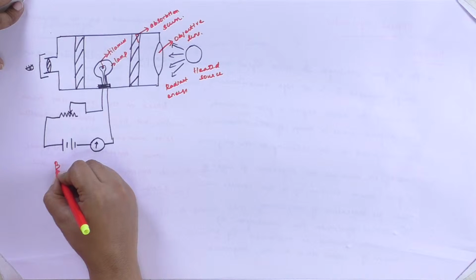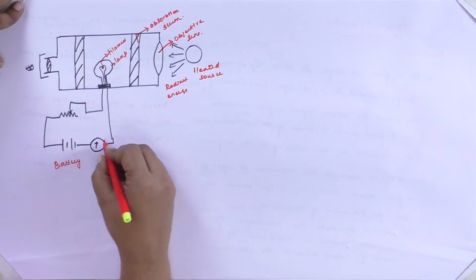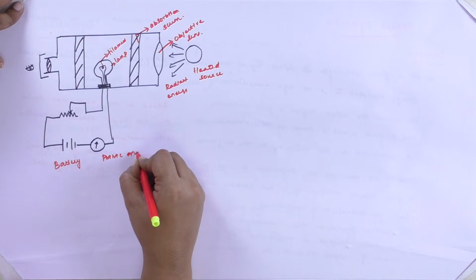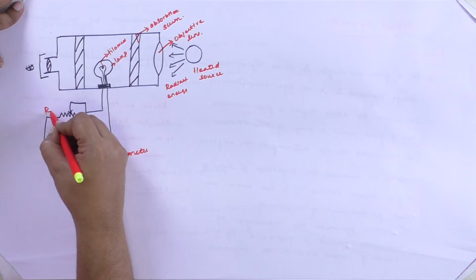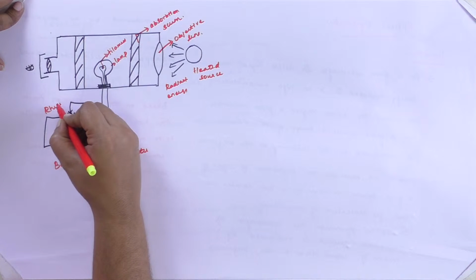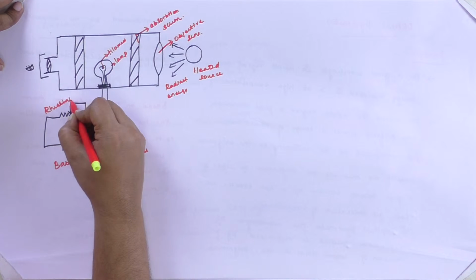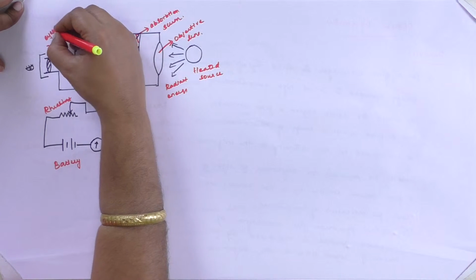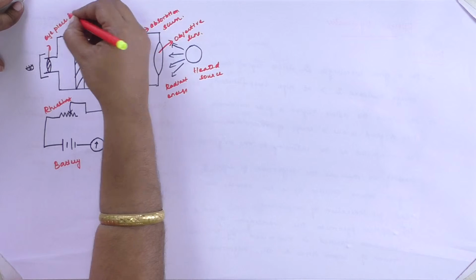The lamp is supplied with a battery whose current is measured with a moving coil type meter, and the intensity of the lamp can be adjusted with a variable rheostat. We have an eyepiece through which the image of that hot body is viewed.